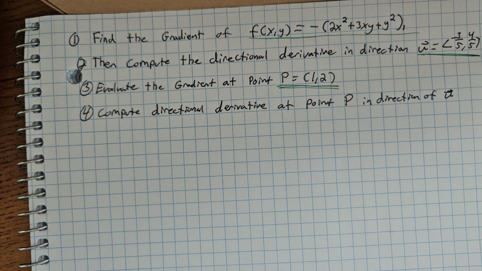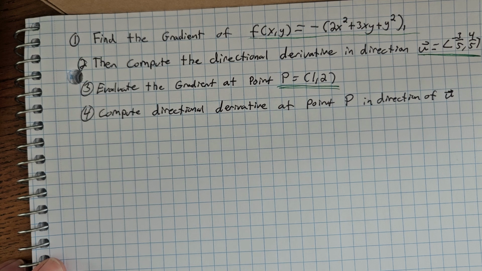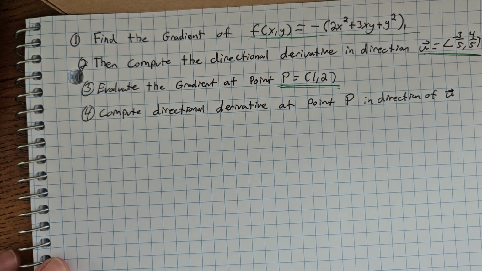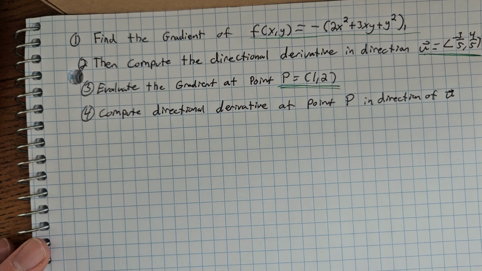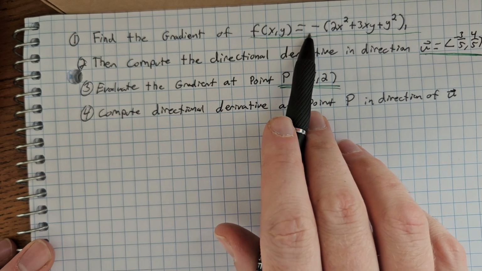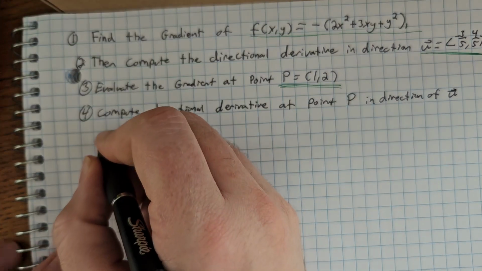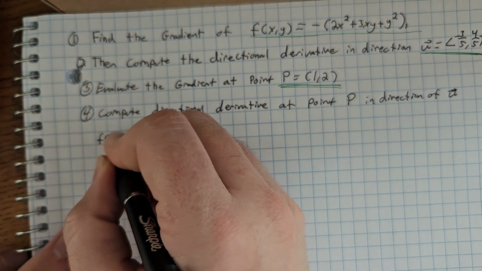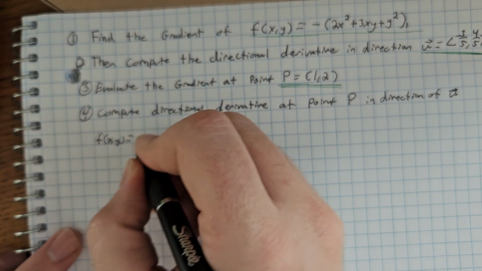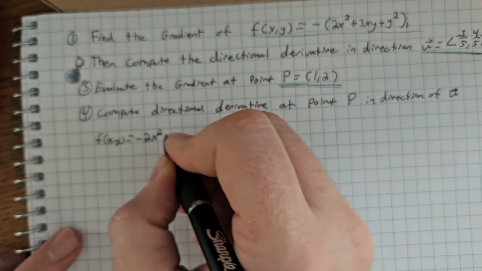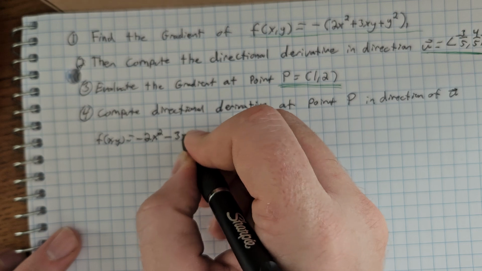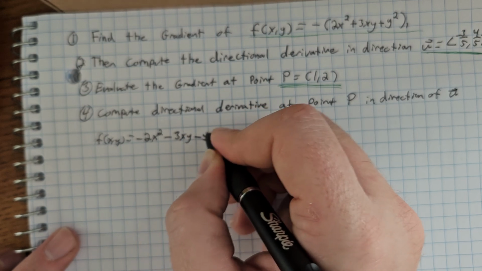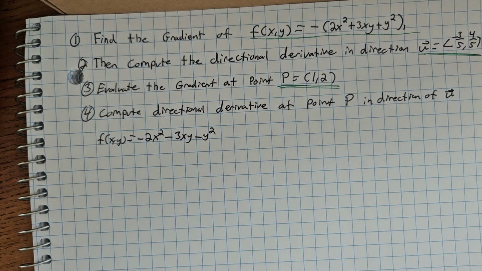So starting, we will find the gradient of f of x. In order to make the calculation a little simpler, I'm going to distribute the negative sign first. So f of xy equals negative 2x squared minus 3xy minus y squared. In order to calculate a gradient, we need to get the partial derivative of f of xy.